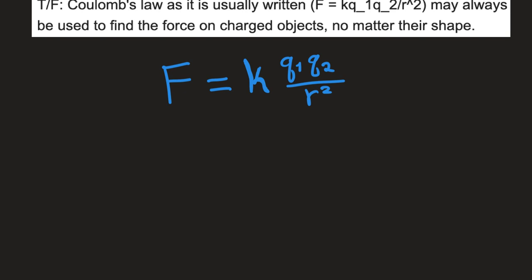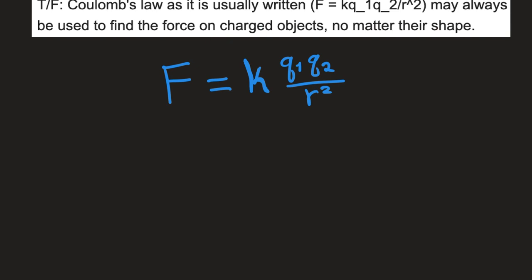Okay, true or false? Coulomb's law, as it is usually written, which is K, that constant, then Q1, Q2 over R squared, and I've written that down here as well. This is typed out, but that same thing, may always be used to find the force on charged objects no matter the shape, right?